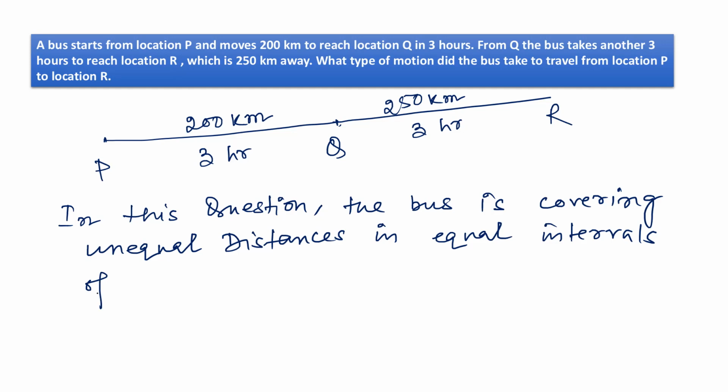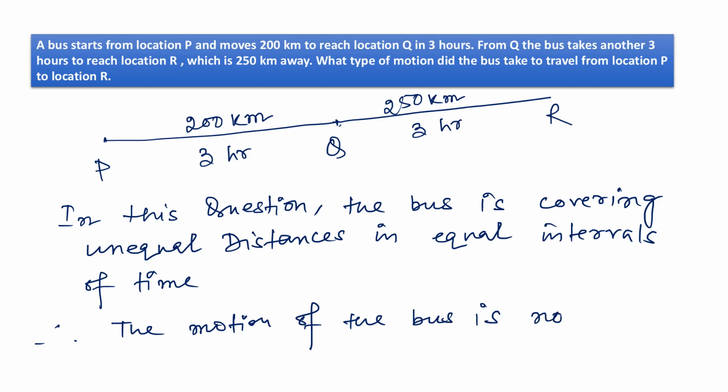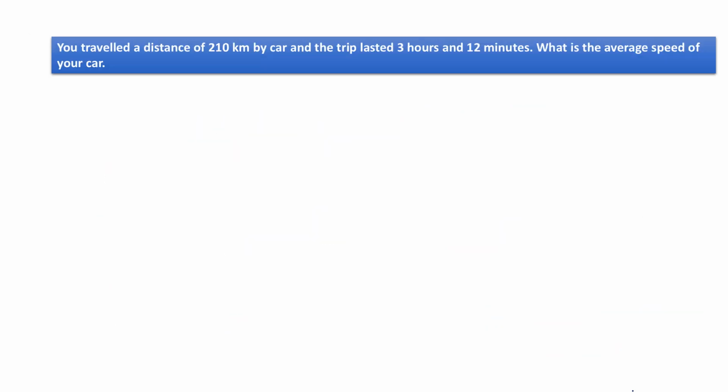Equal intervals of time. So that's why the motion of the bus is non-uniform motion. Right? In this way you have to answer this question. So now we are just moving to the next one.